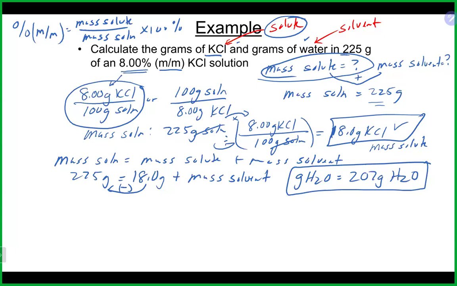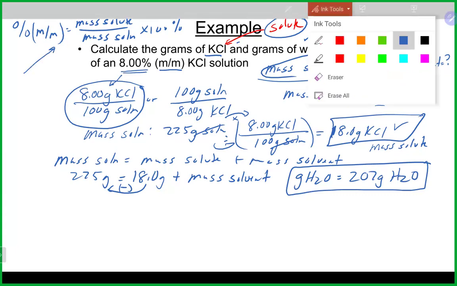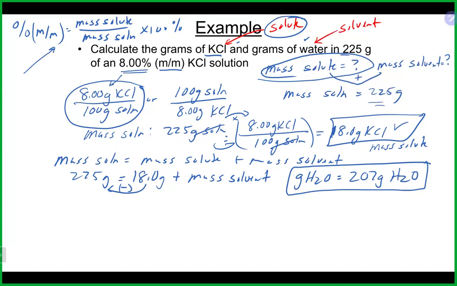Other questions? Yeah. You would have to use the equation that goes with percent mass to mass and just think about what was given to you. Even if you didn't want to do this dimensional analysis approach, you could look at the equation and go, I was given this, I was given this, and this is the only thing I was not given, right?